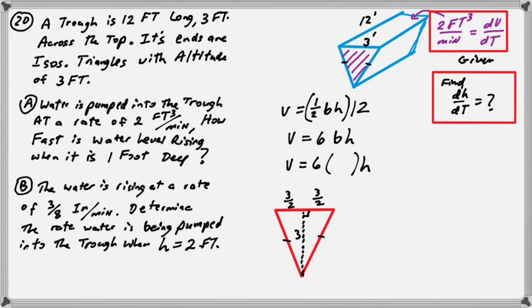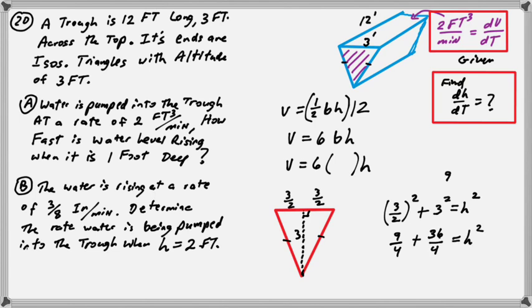And let's see, could we do the Pythagorean theorem to find the missing side? Leg squared plus leg squared equals hypotenuse squared. So 9/4 plus 9, what is 9 in fourths? Is that 36 over 4 is 9?